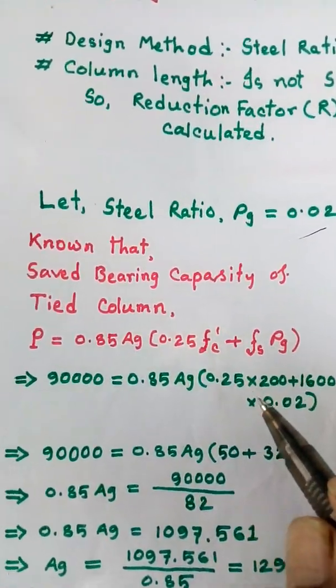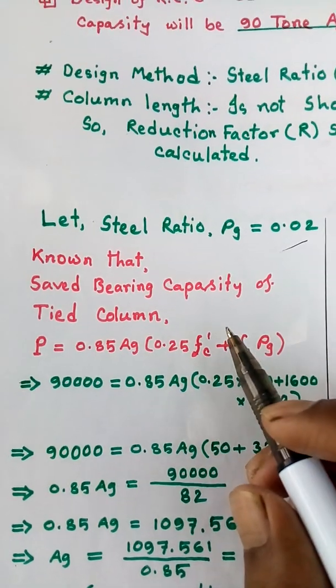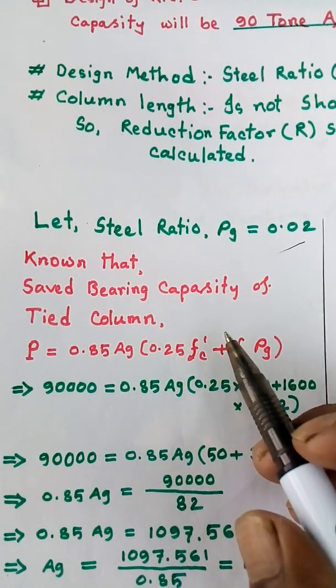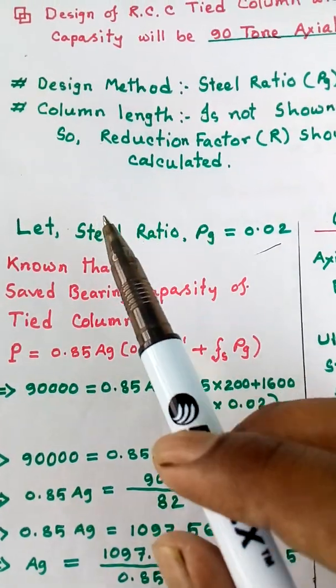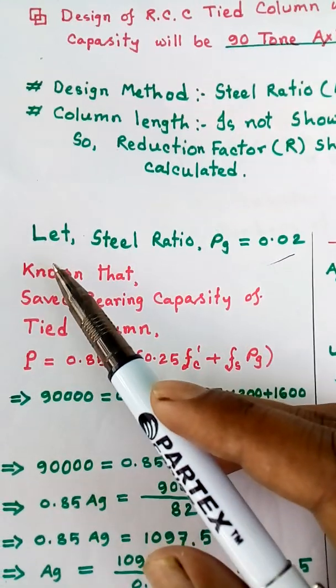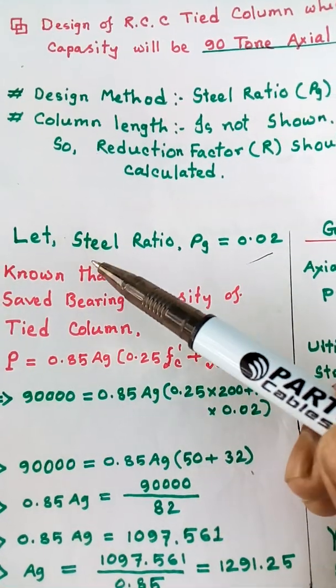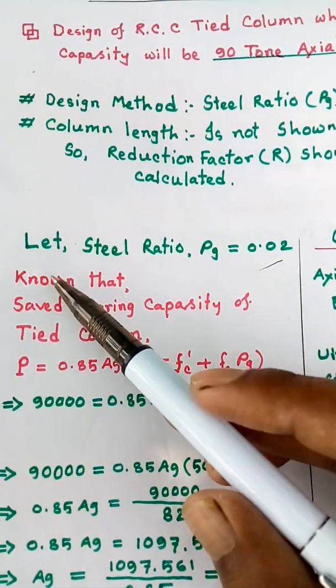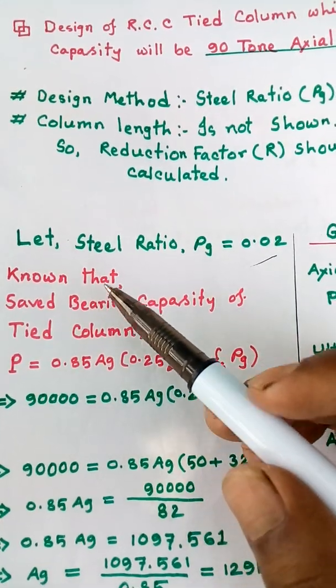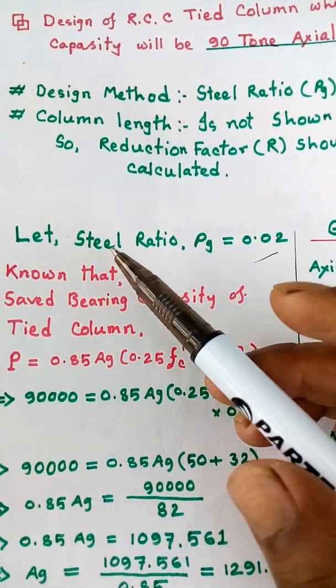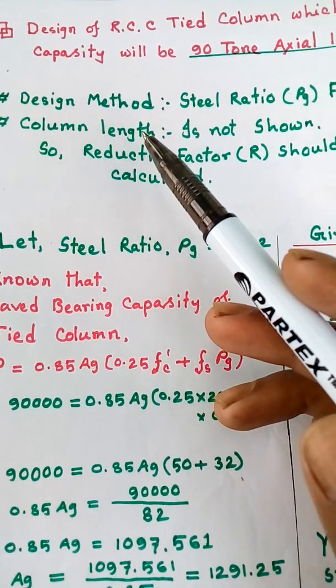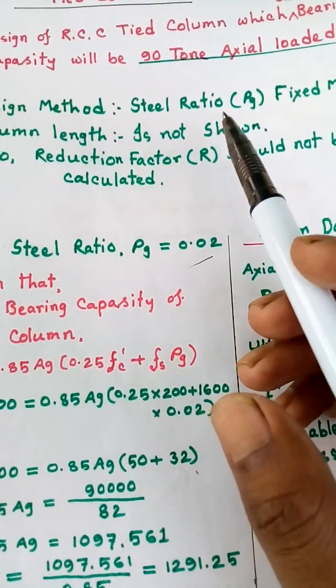This information is given. Let's find out the other information. In this tutorial I have told you before, the design method we have followed is the steel ratio fixed method.